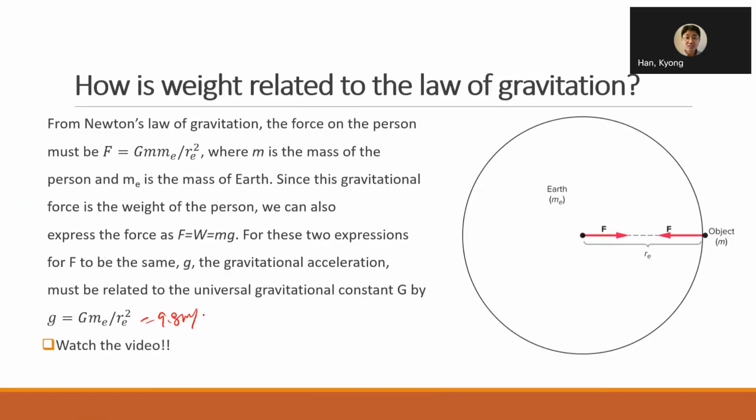You can use G equal to 6.67 times 10 to the minus 11 Newton meter squared per kilogram squared. Also, M E is, as I mentioned, 5.97 times 10 to the 24 kilogram, and R is 6.37 times 10 to the 6 power meter. So put this in and you can check this one.